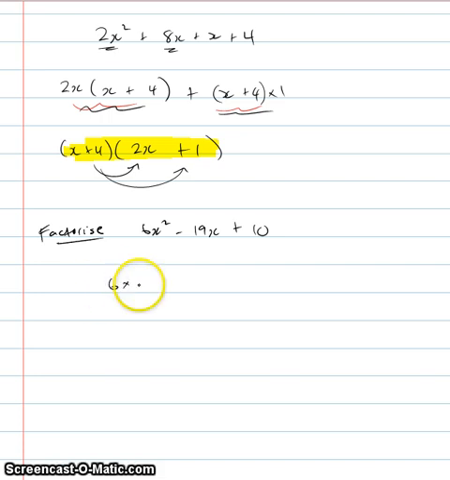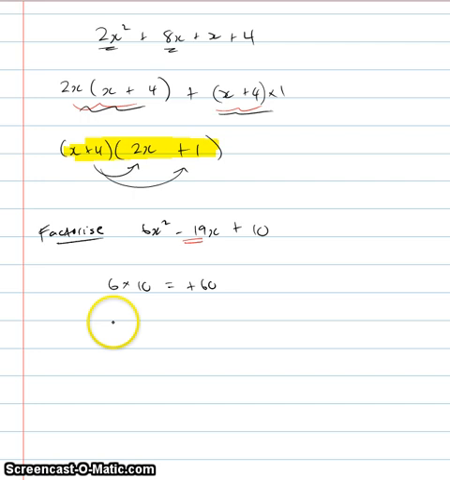So 6 times 10, and it's positive 10, is positive 60. Then I need two numbers that multiply to give positive 60 and add or sum to give negative 19.